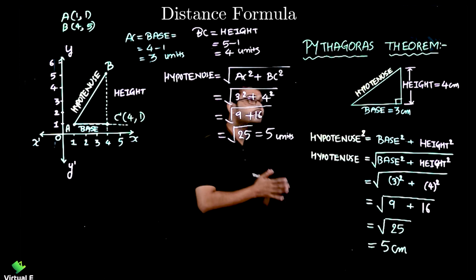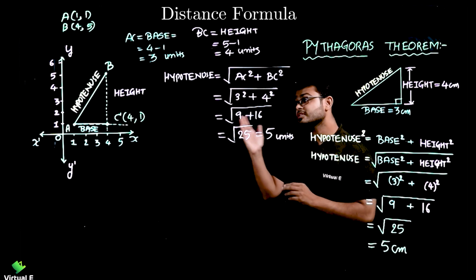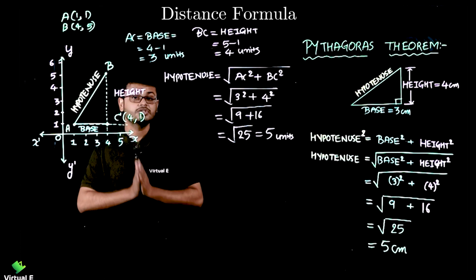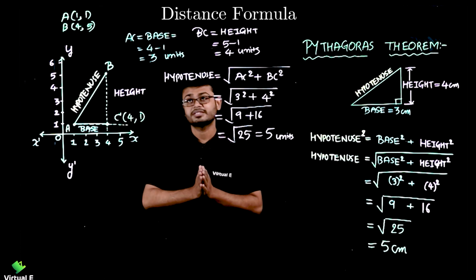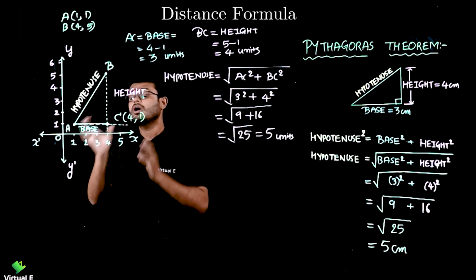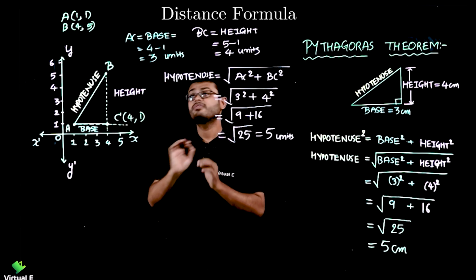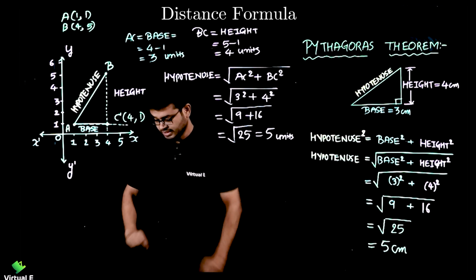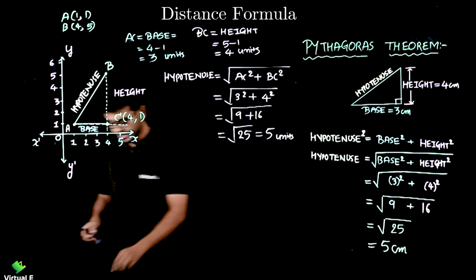Now you must be thinking that every time we are going to draw this. No, we are not going to draw this every time. So we are going to generalize this concept. What did we do first of all? AC is equal to base, 4 minus 1. Now let's write those points again. Important.